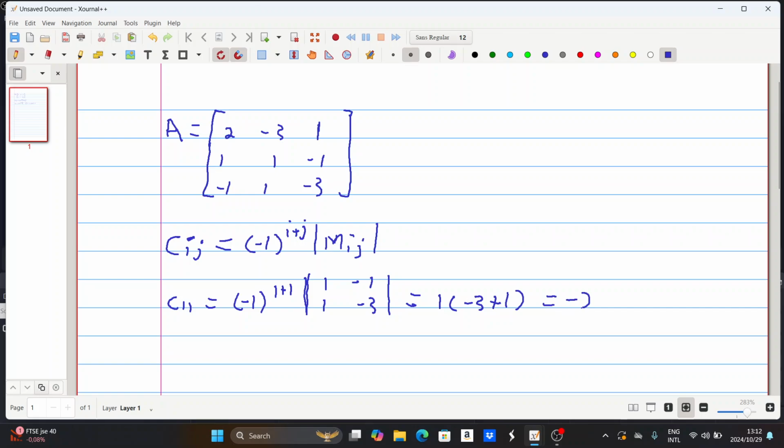Our final answer is -2. This is the first cofactor, C11. We're going to find all the cofactors of this matrix so that we can find the cofactor matrix.